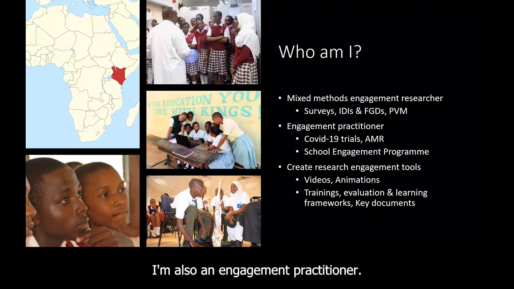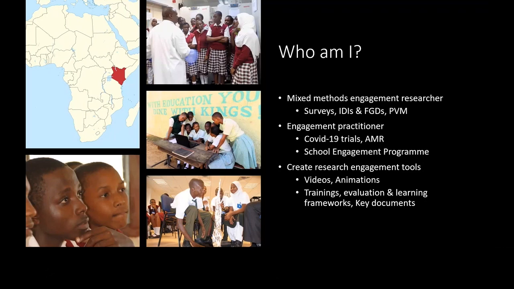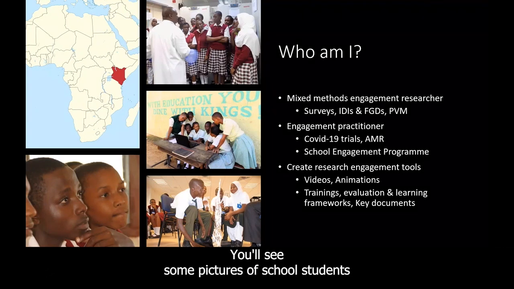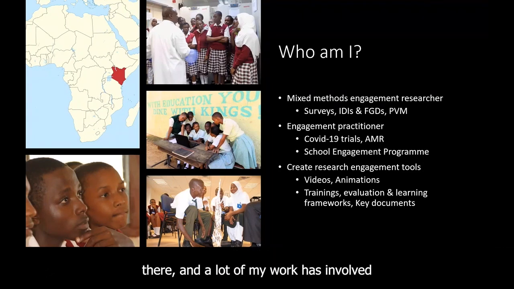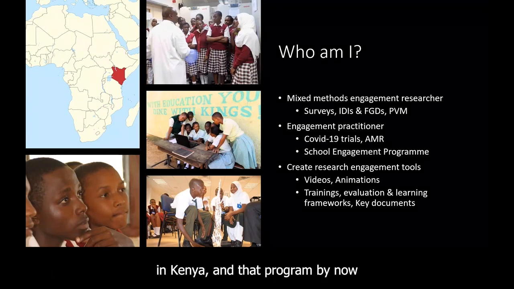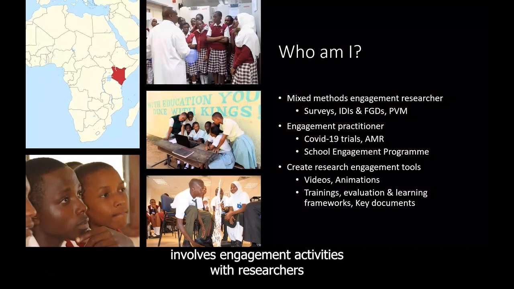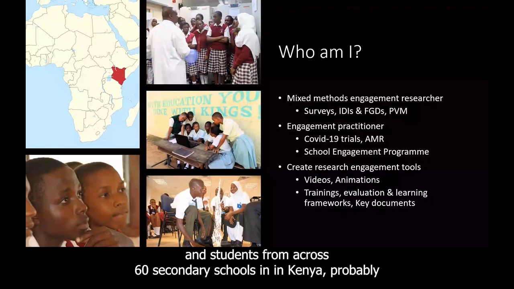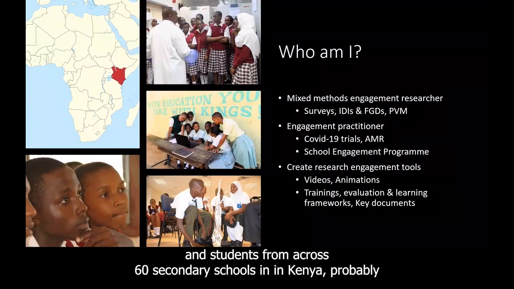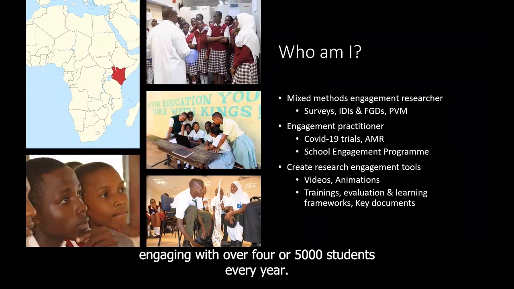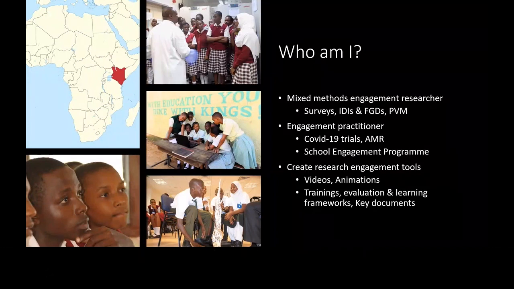I'm also an engagement practitioner. You'll see some pictures of school students there. A lot of my work has involved establishing a school engagement program in Kenya, and that program by now involves engagement activities with researchers and students from across 60 secondary schools in Kenya, probably engaging with over 4,000 or 5,000 students every year.